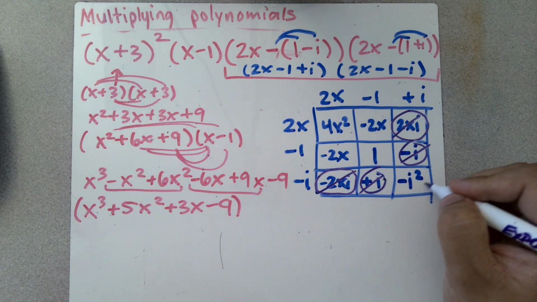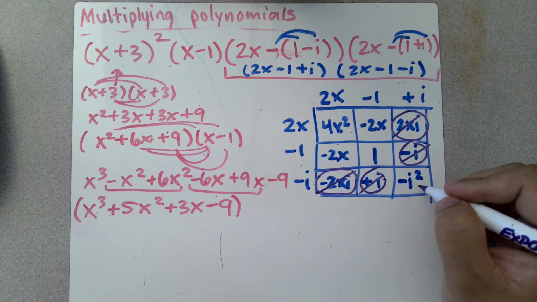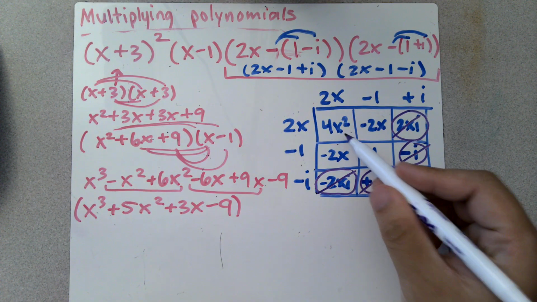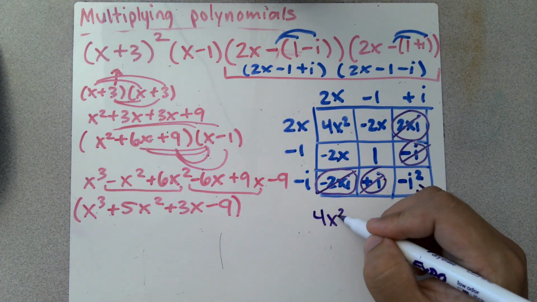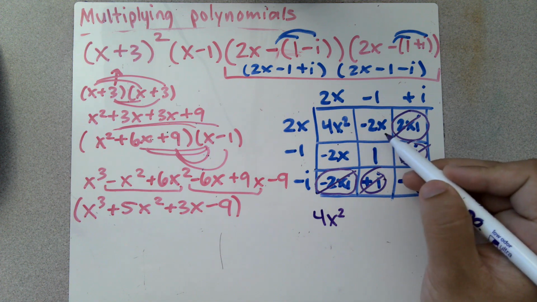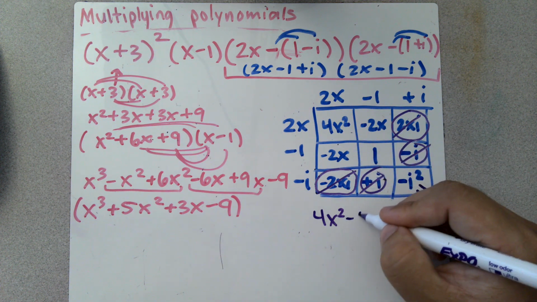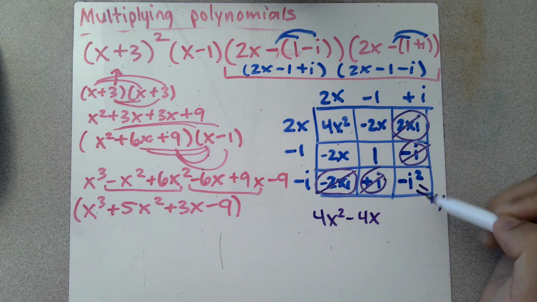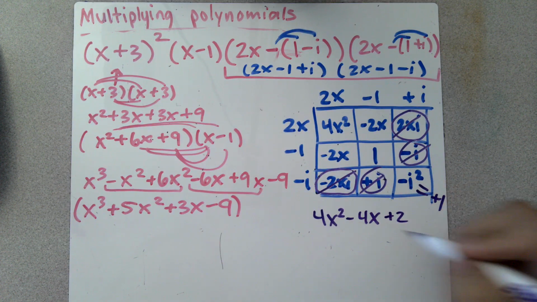And with enough practice, you'll be able to recognize quickly that negative i squared, well, that's just plus 1. So you're left with 4x squared, negative 2x minus 2x is negative 4x, and now you have 1 plus 1 plus 2.